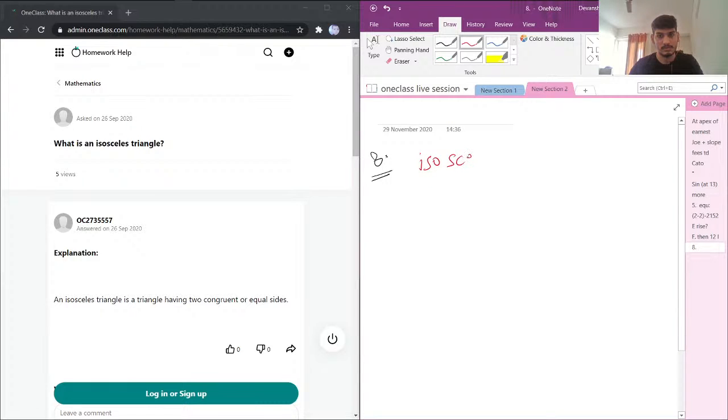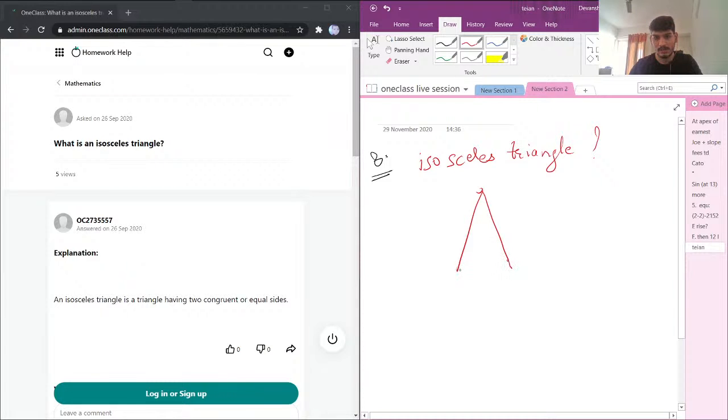Isosceles triangle. So an isosceles triangle is a triangle having two congruent or equal sides. Correct.